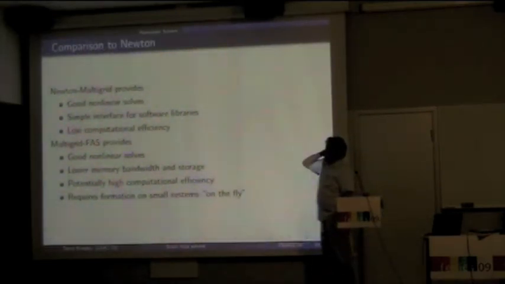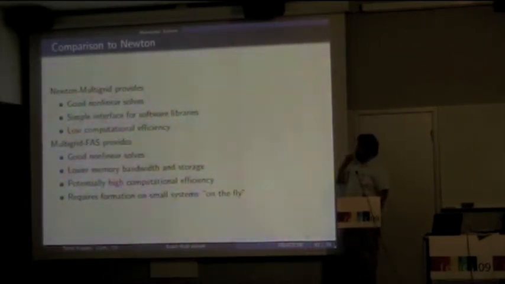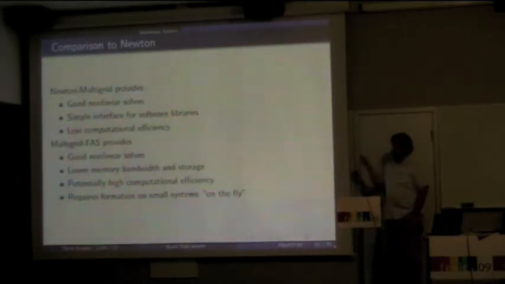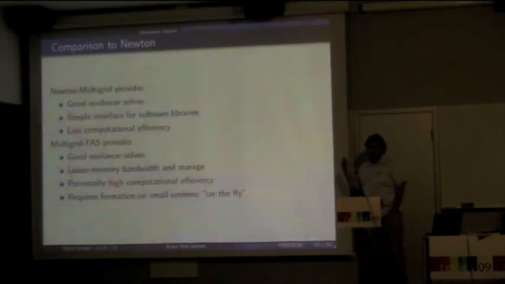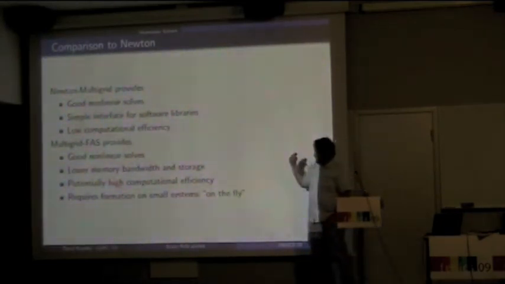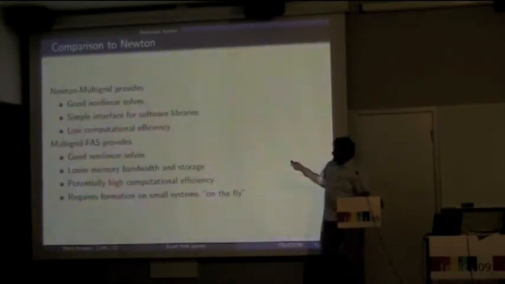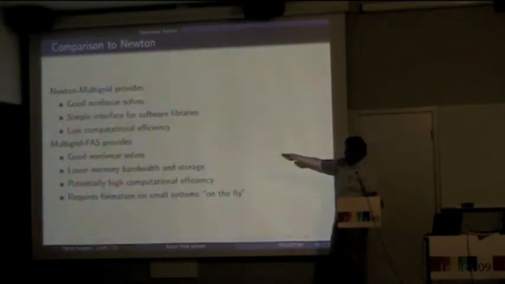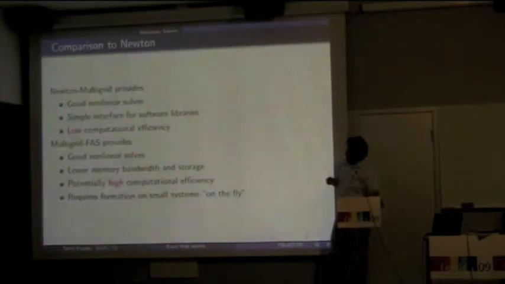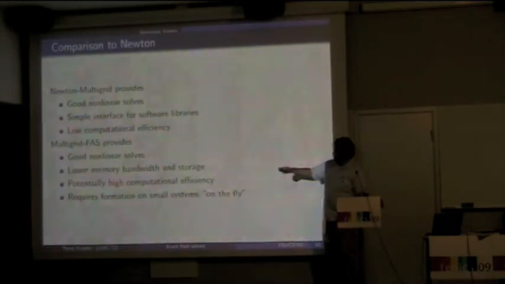So the comparison to Newton: if you use Newton with multigrid, you have good nonlinear solves. You have simple interfaces and software libraries, but you have low computational efficiency. There's very little we can say about how long that Newton will take to converge. In fact, it can be arbitrarily bad for some places, but it takes quite a while to figure out which places. The flip side is our multigrid, which hasn't really been developed too much, but well, multigrid FAS has been developed, but with a homotopy solver, not as much yet.